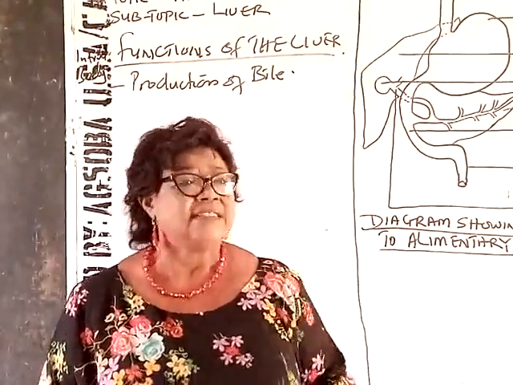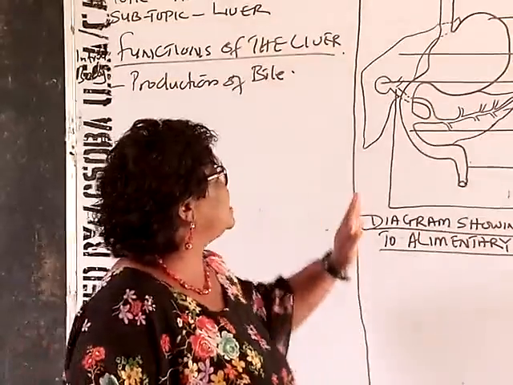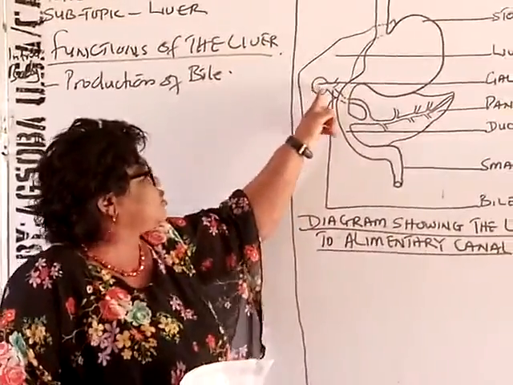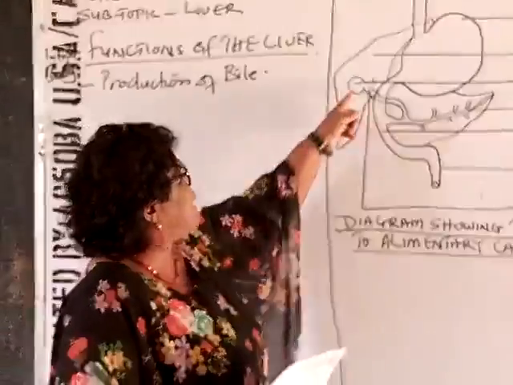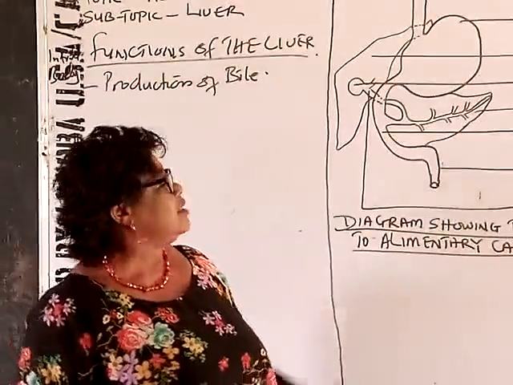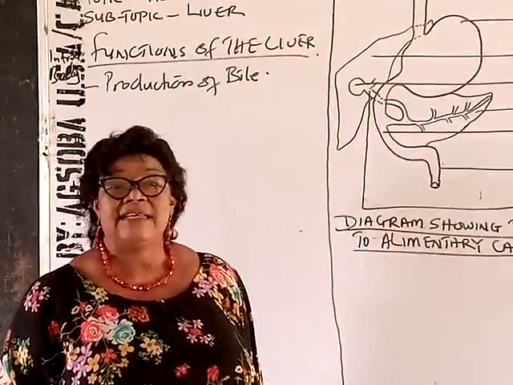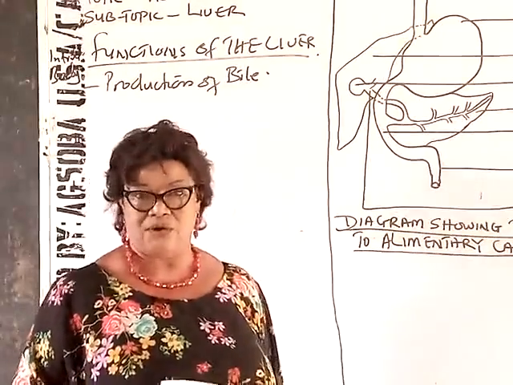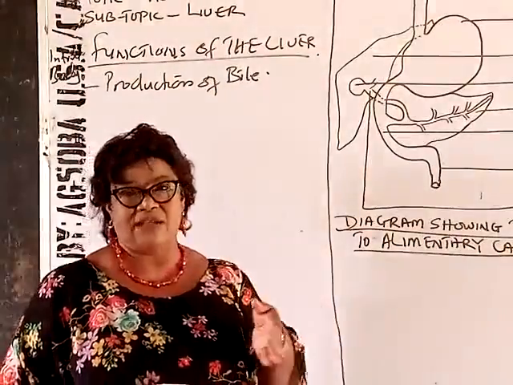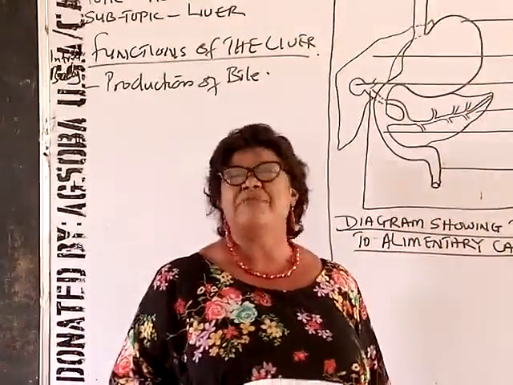Now the bilirubin is carried by the liver to be stored in a small structure known as the gallbladder. The fluid stored there is what we call bile. Bile plays an important role in breaking down fatty food, fat and oil that we feed on. The breakdown of fatty food into tiny droplets involves a process known as emulsification.